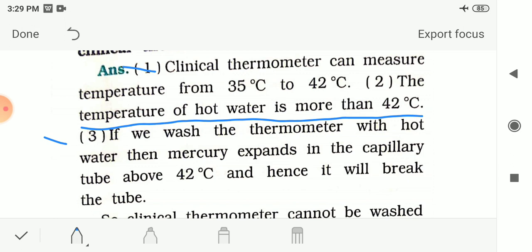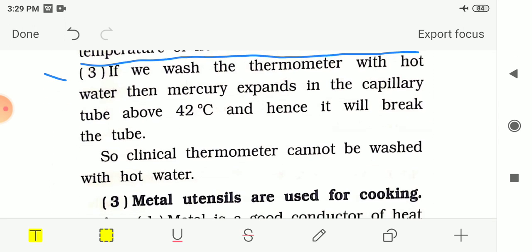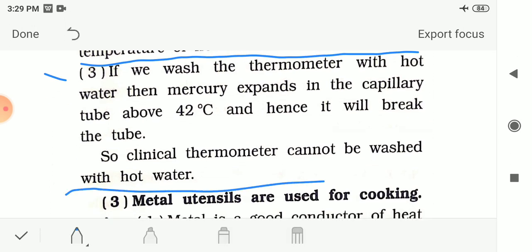As the temperature of the hot water is above 42 degrees Celsius, when we put the thermometer in this kind of hot water, the mercury expands and goes beyond the range. So there is a chance that it will break the tube. So the clinical thermometer cannot be washed with hot water.